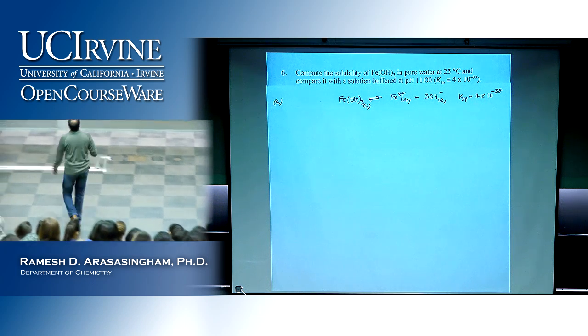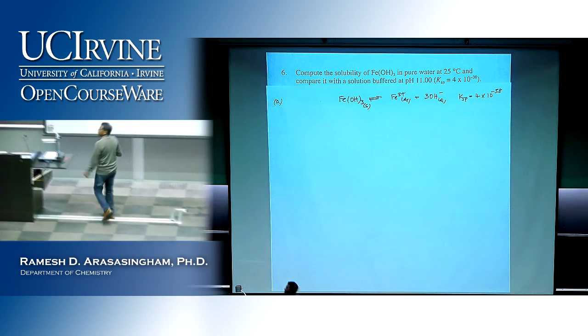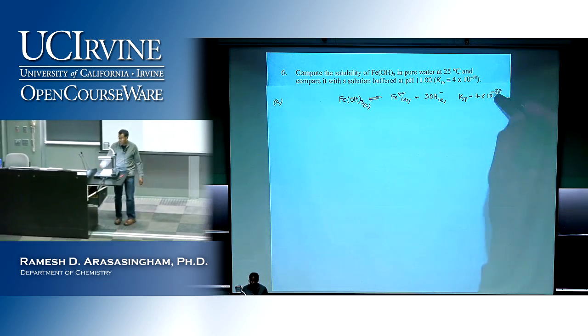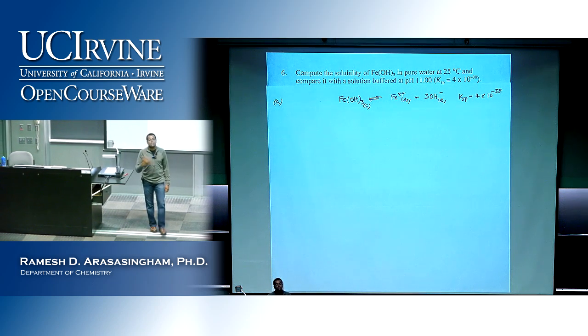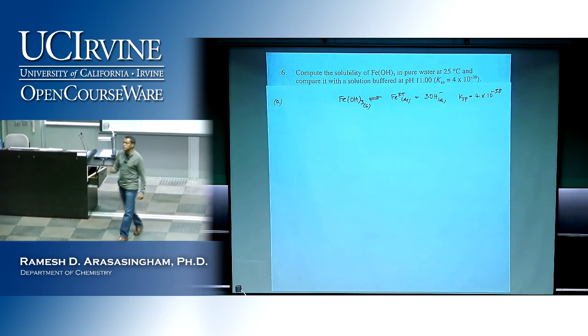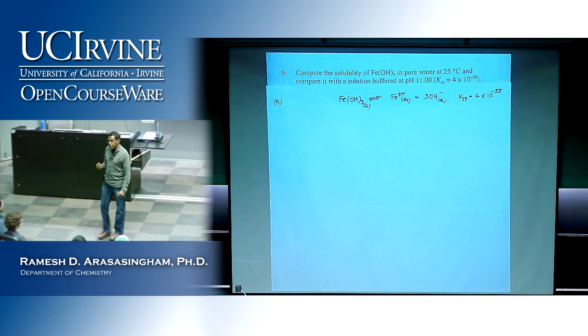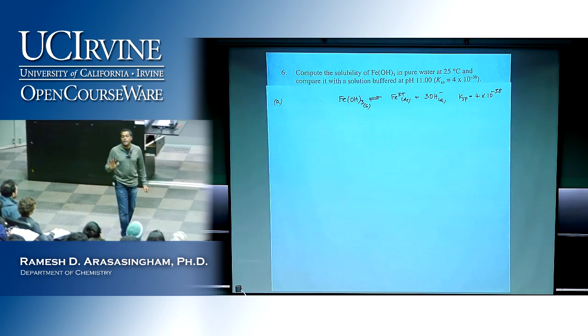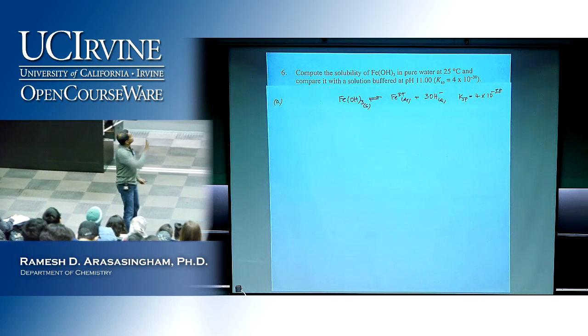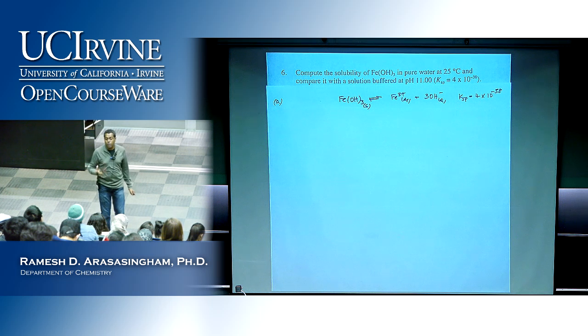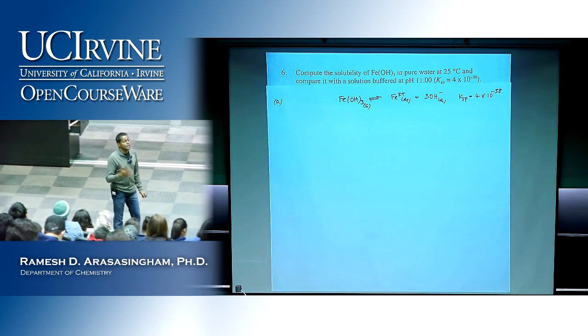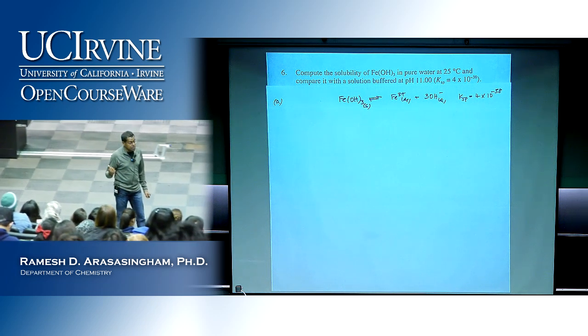Okay? Now, I want you to pay attention to the KSP. It's 10 to the negative 38. That's a really, really small number. All right? So now, because we're dealing with KSPs that are really small, if you look at KW, all of you recognize KW is 10 to the negative 14.